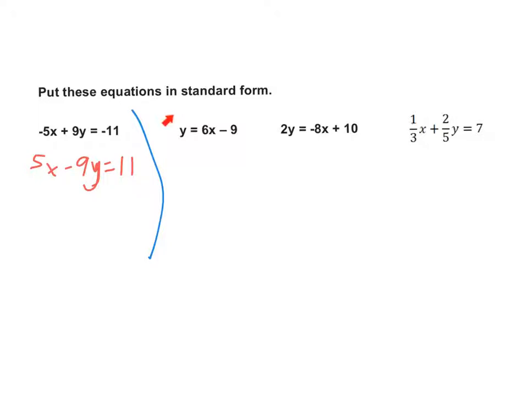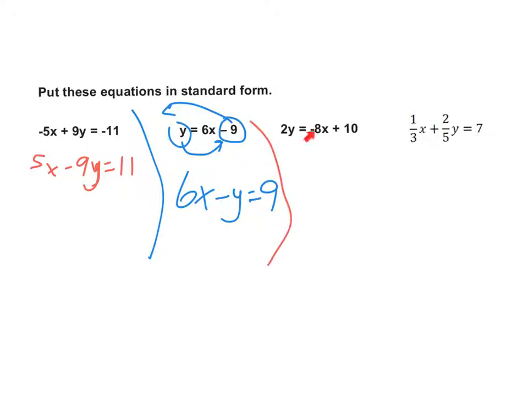So instead, I'm going to take the y and move it over there, and then take the -9 and move it over there, and then flip the whole thing. So 6x stays positive, y becomes negative, and 9 becomes positive. 6x minus y equals 9. How many had that? Okay, good.